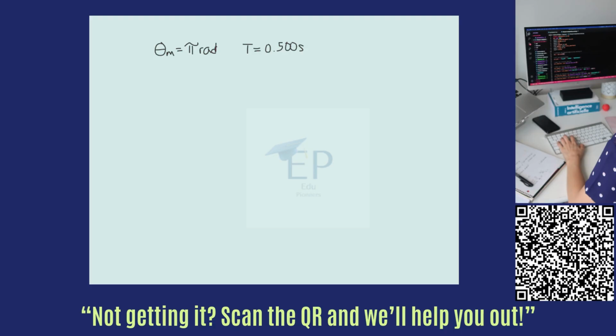Since this is still simple harmonic motion, we can write the equation for displacement as theta at time t equals our angular amplitude cosine of omega t. And we also know that omega can also be written as 2 pi over T.